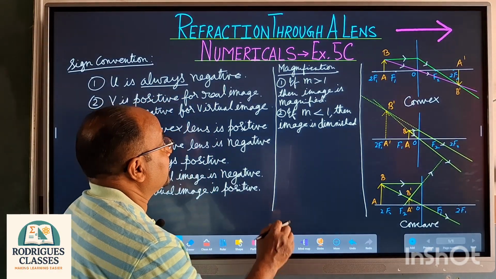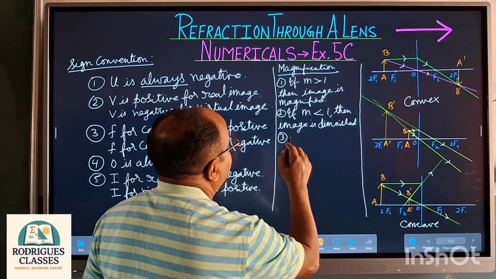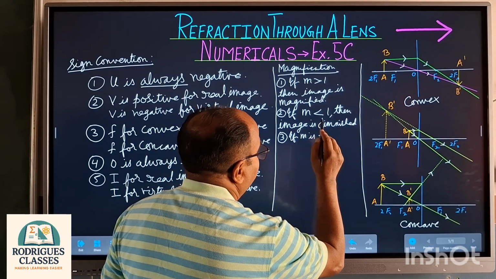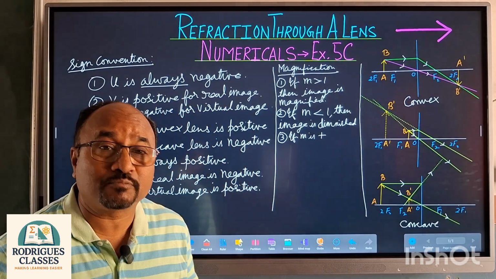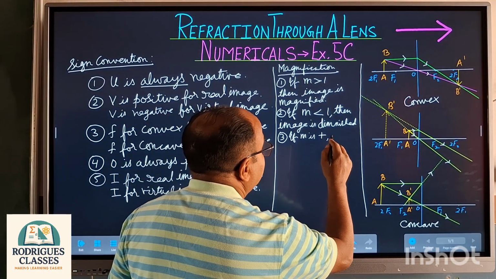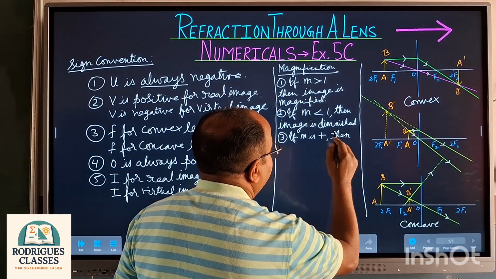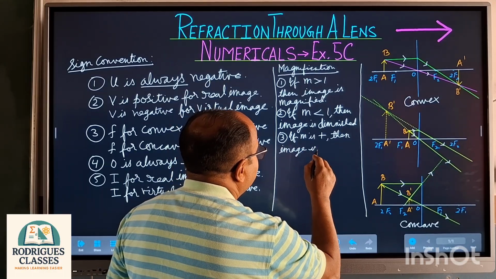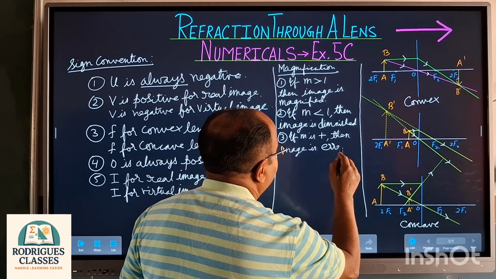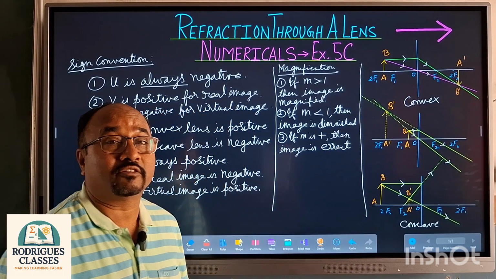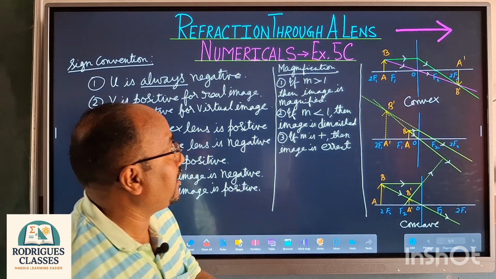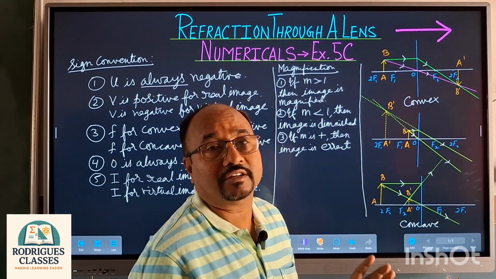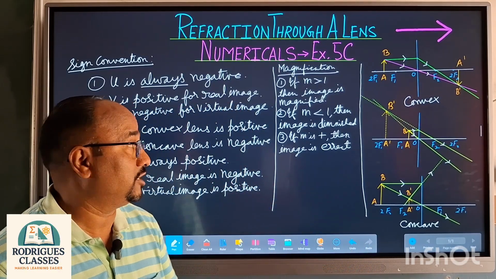Now, the sign of it: if m is positive, coming in plus, then the image is erect. You will be getting an erect image, like you have got an erect image over here as well as here.